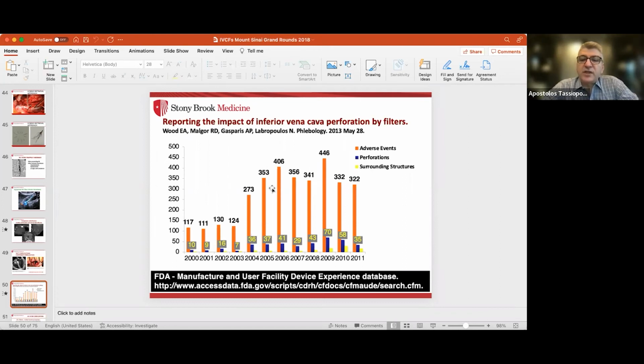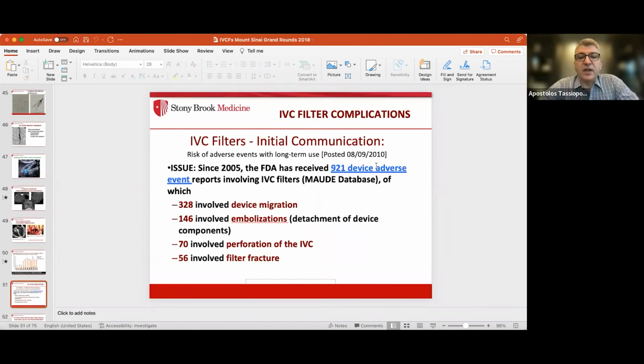What it shows is that since the introduction of the retrievable filters, the number of adverse events associated with filters has numerically increased. It's probably associated to a certain extent with the increased use of inferior vena cava filters. But more importantly, the number of perforations of the cava has increased, and the number of surrounding structures affected by the filter has increased.